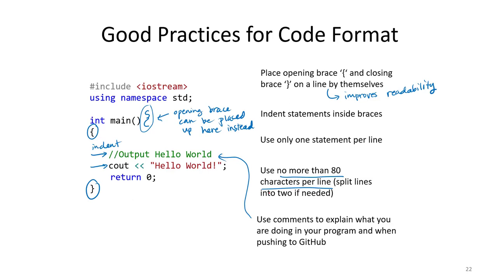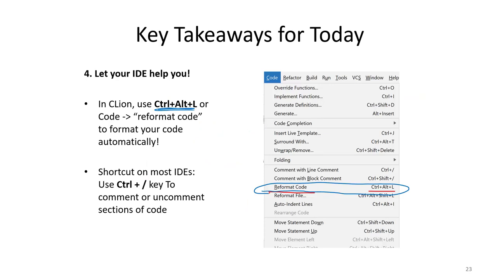It will indent your statements, it will place your braces only on one line, and it will do its best to make your code formatted nicely. So, very good trick whenever you're about to submit an assignment. You can try doing Control-Alt-L, look through your code, and make sure everything is formatted nicely. You would want your instructor, your boss, or your coworkers to be reading nicely formatted code.